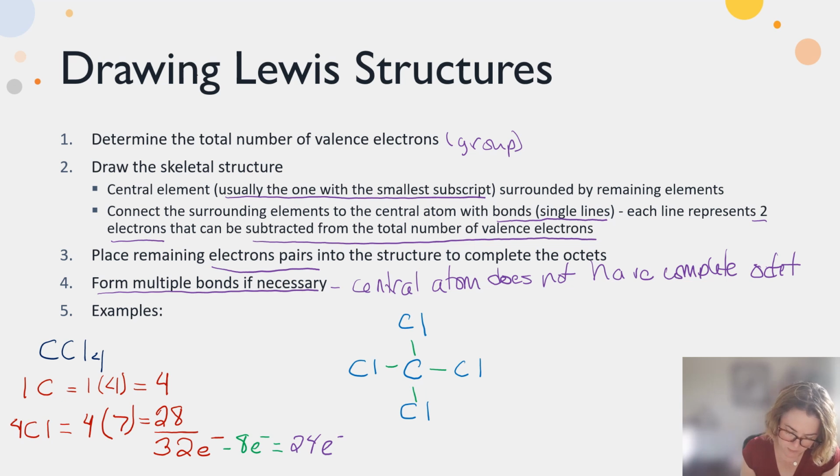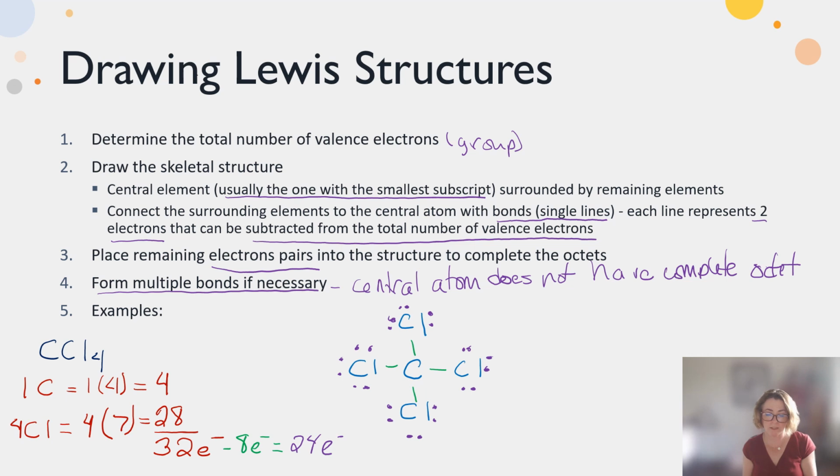So my 24 electrons are going to go, and I always say do the surrounding elements first, and then go back in and do the central atom if you have to. So all 24 of my electrons are going to go as dots onto the chlorine.